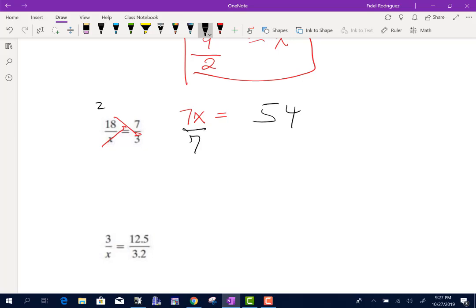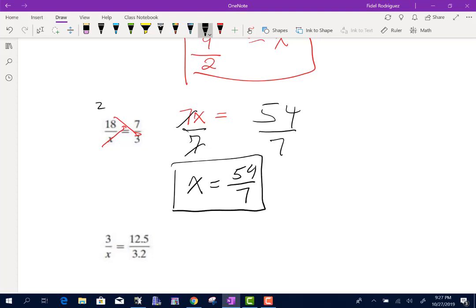Then we can divide both sides by 7. And 7 and 54 don't actually reduce, so I'm just going to leave my answer as 54 over 7.